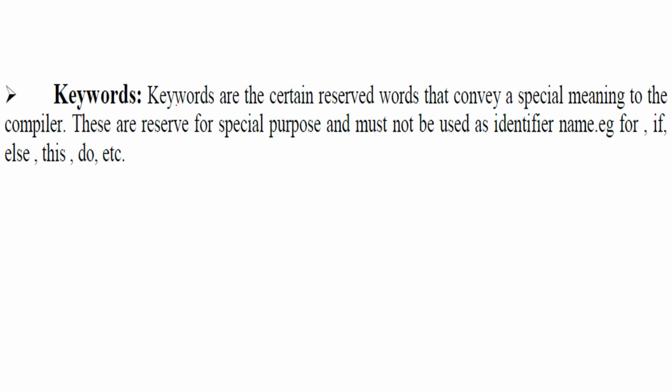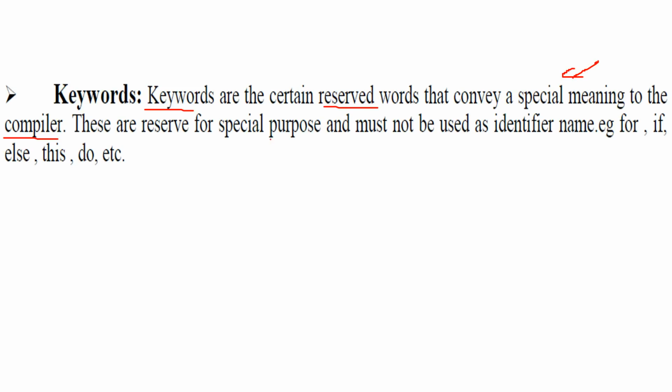Keywords. What are the keywords? See, a programming language always has certain words which are known to the compiler. These are reserved for them. So keywords are nothing but the reserved words that have a special meaning that conveys to the compiler. A compiler understands these in a certain way.